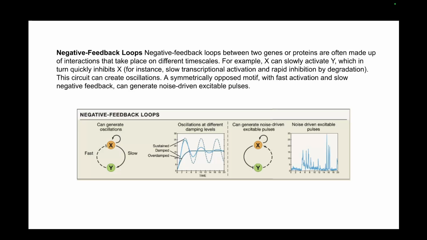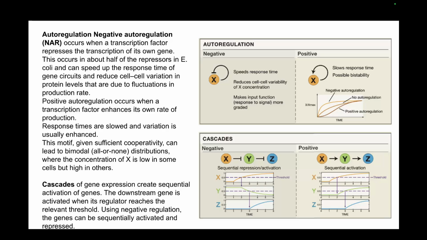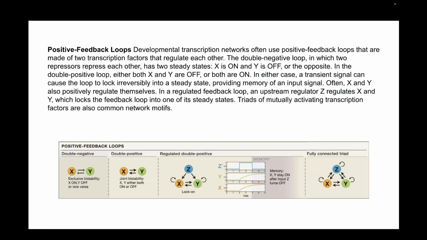So this is how a negative feedback loop looks, and we also discussed this last class. This is an autoregulation and negative regulation. So this is one autoregulation and there is also a negative regulation, and then you can have these in cascades. What you need to understand from all this is what kind of characteristic behavior a particular system will exhibit given a particular equation or a particular motif, like a negative feedback, a positive feedback, or different types of motifs.